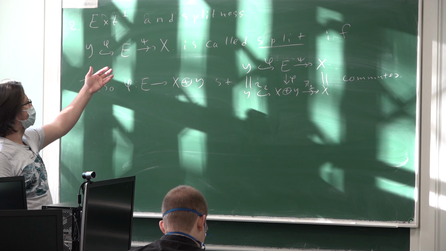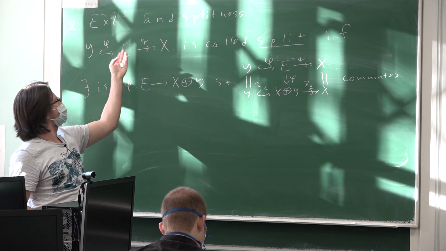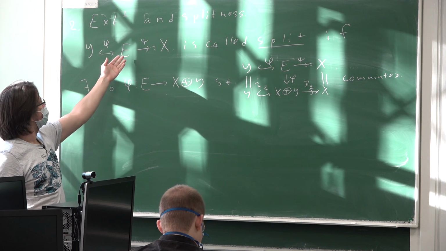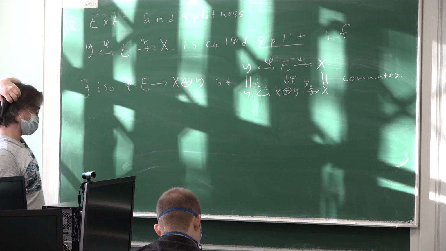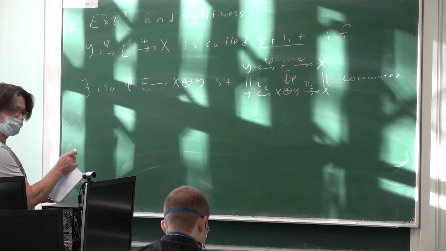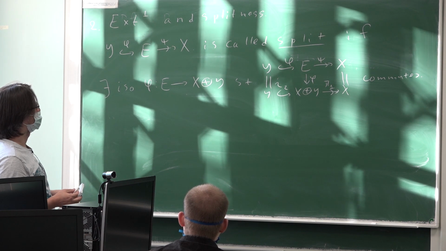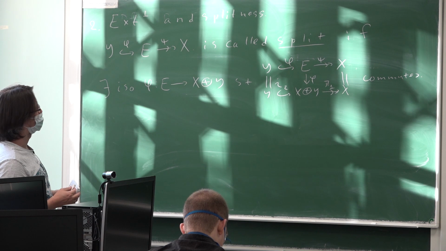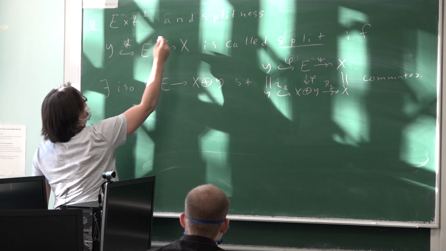Well, it is equivalent to say that there is a splitting monomorphism from X to E, or it is the same thing as to say that there is a splitting epimorphism from E to Y. All of this is equivalent. I think there are two maps called phi, which is different. Let them be alpha and beta.